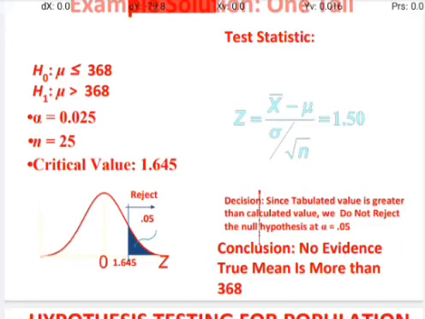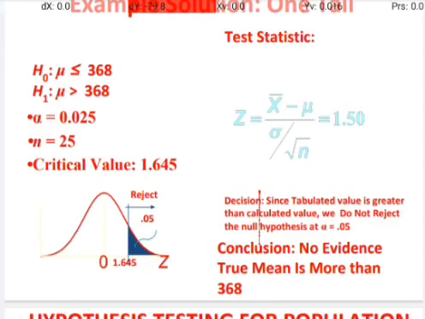Your n here is 25, that's the sample size. So when you input all this, you will discover that you get 1.50. I said earlier that your Z tabulated is 1.65. I think you remember we got it.